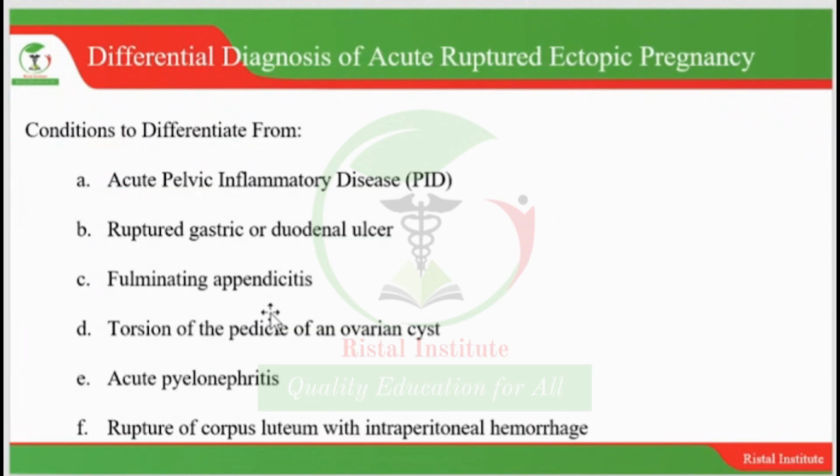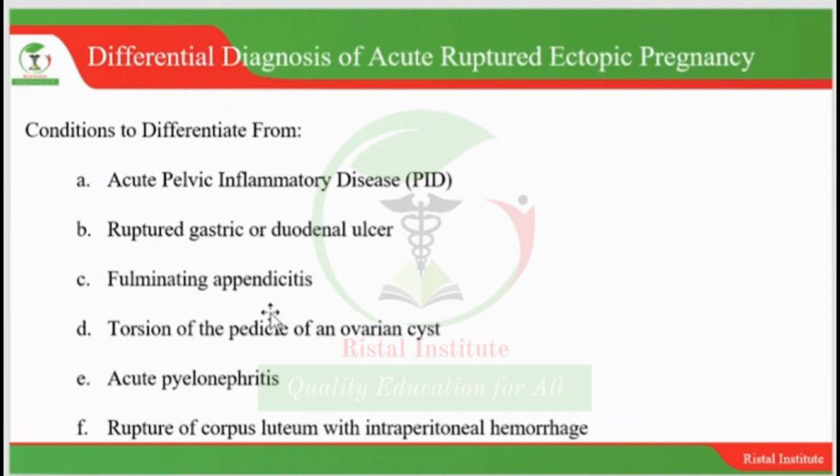Differential diagnosis of acute ruptured ectopic pregnancy. What are those conditions that may be mistaken for ectopic pregnancy, or those conditions that ectopic pregnancy can be mistaken for?